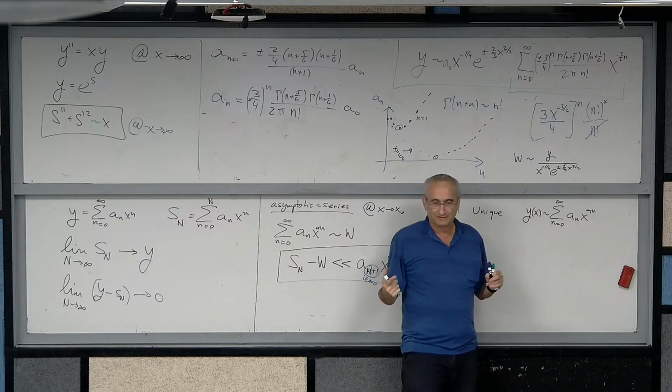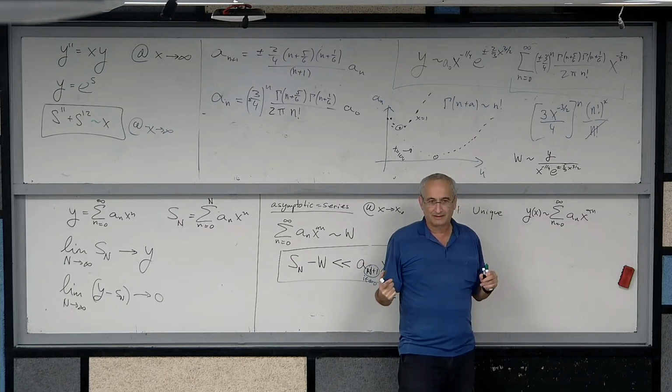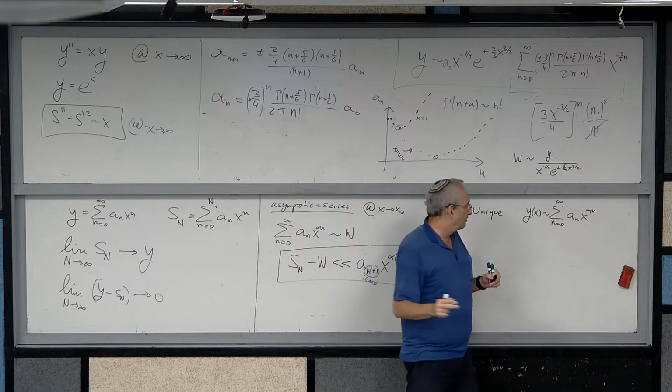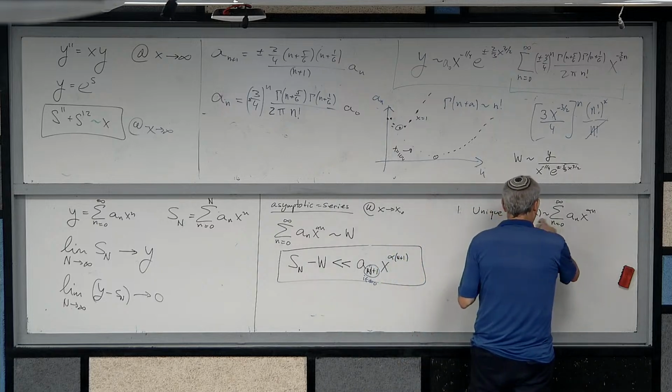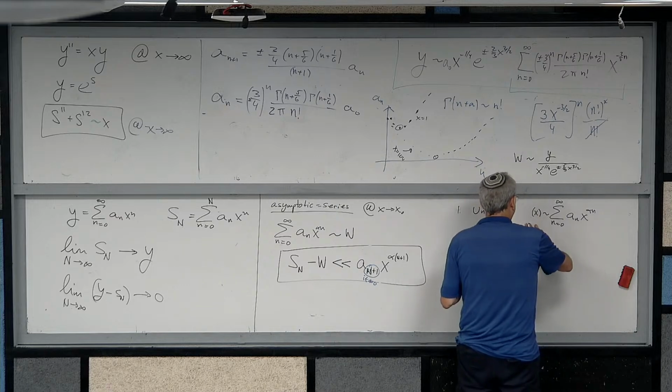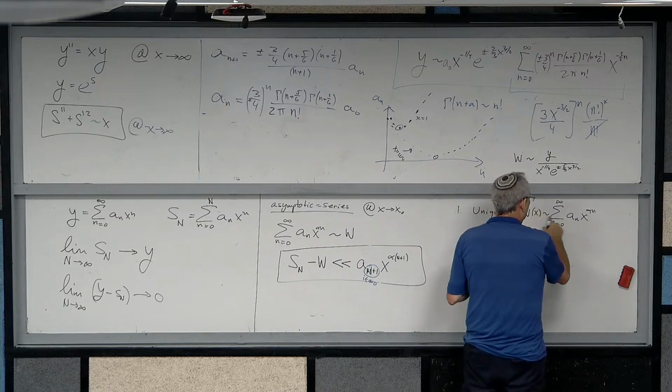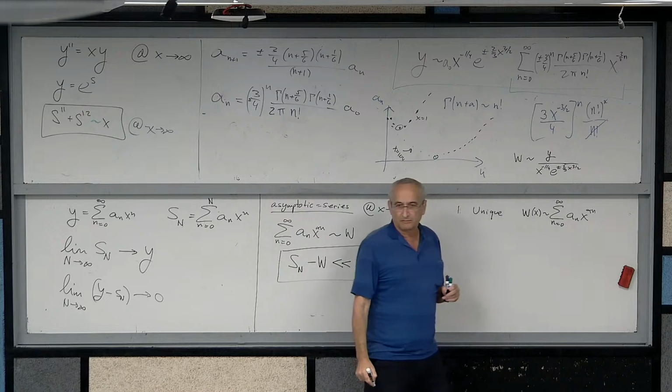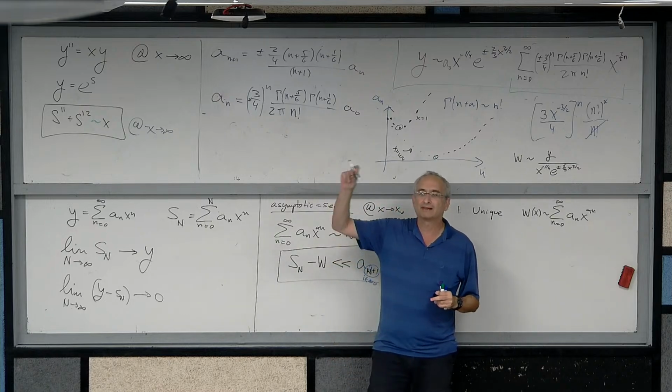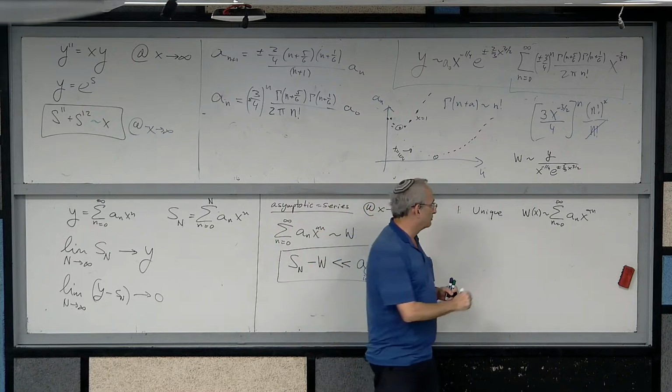You mean if we found an asymptotic series, it is unique. Okay. So if w of x is represented by an asymptotic series, there is no other asymptotic series.